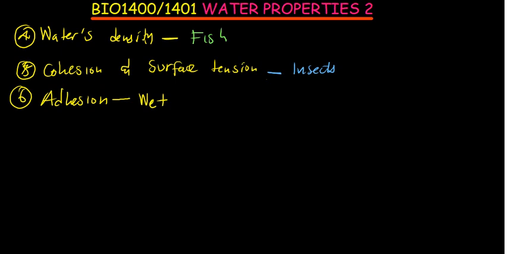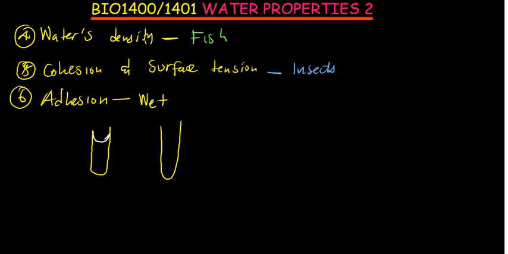Now, what explains this? You can see there is a concave up meniscus for water. This tells you that there is a stronger attraction between the water and the glass. So there is an attraction between water and glass, meaning the adhesive forces are greater than the cohesive forces.